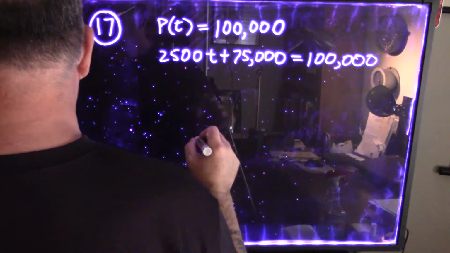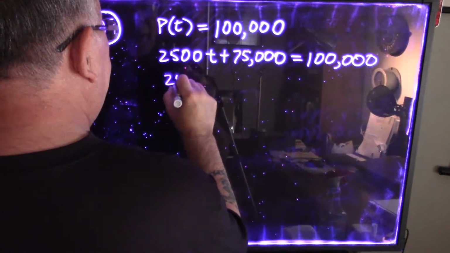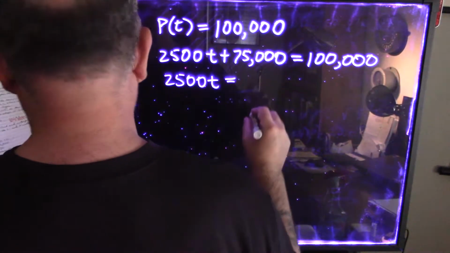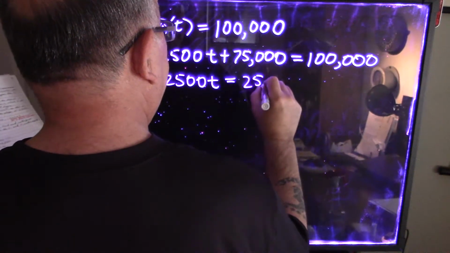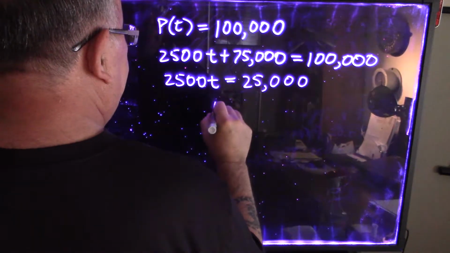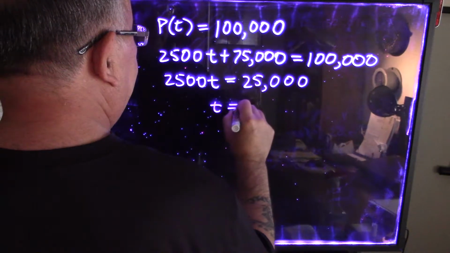Now we get 2,500 t equals 25,000, after subtracting 75,000 from both sides. Divide both sides by 2,500, and t equals 10.